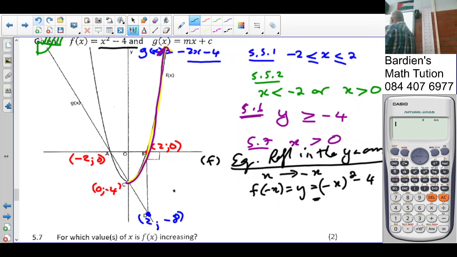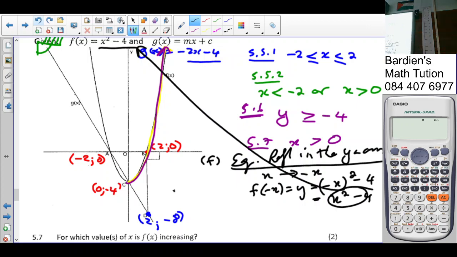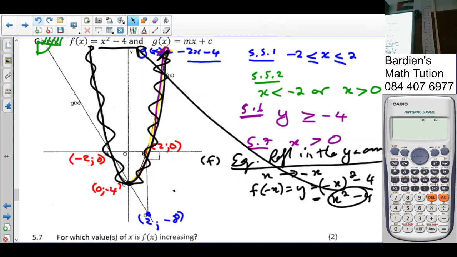What's negative x all squared? X squared minus 4. But that is the same. If we take this arm and reflect it in the y-axis, it will become that. The graph is just flipped exactly onto the same place. Therefore, the equation has to be the same.